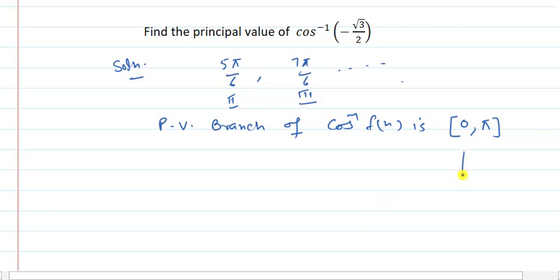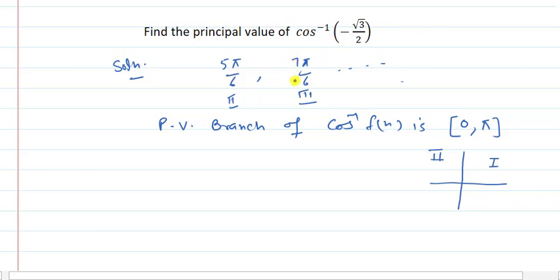So let us go for the quadrants. The closed interval 0 to pi indicates that we are allowed to go in the first quadrant and the second quadrant to calculate the principal value of cos inverse of any function.